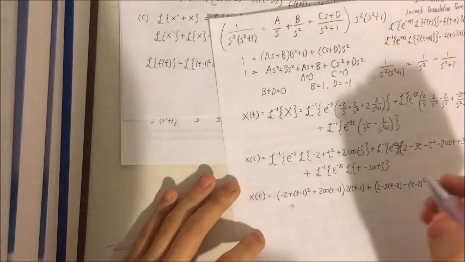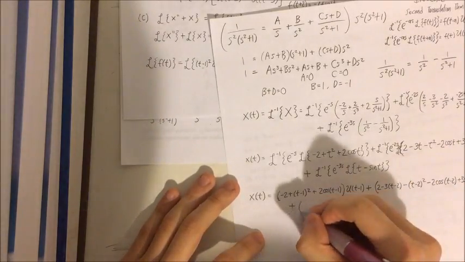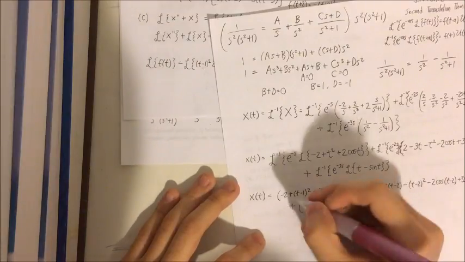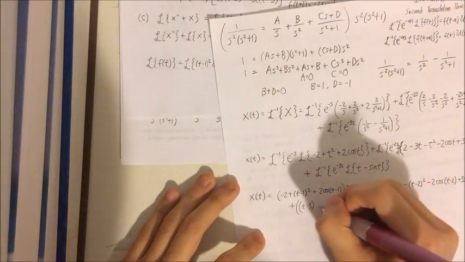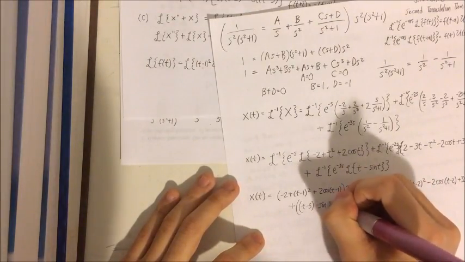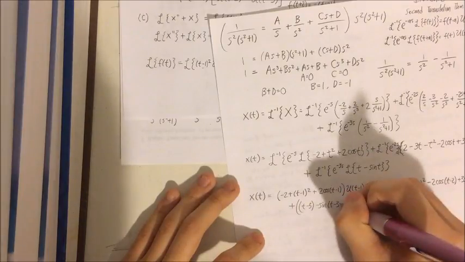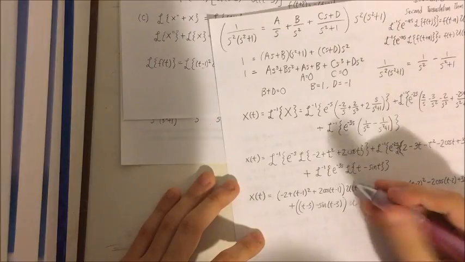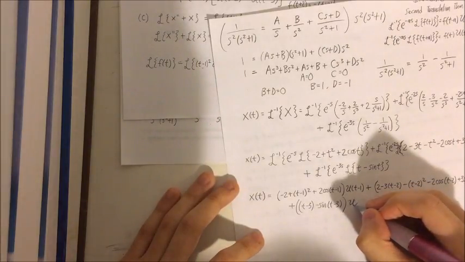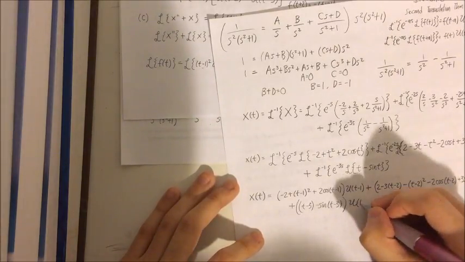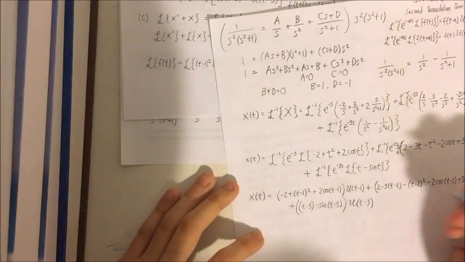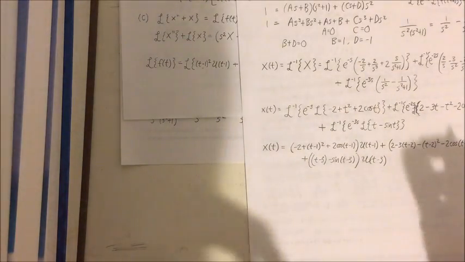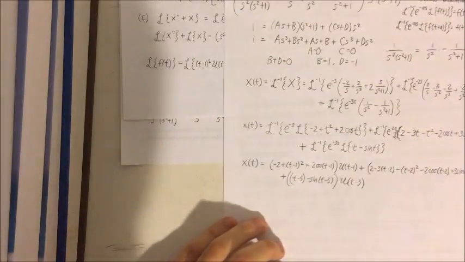And then finally this evaluated at t minus 3: t minus 3 minus sine of t minus 3, times unit step of t minus 3. And just to make this a little bit nicer, we're going to do a little algebraic simplification.